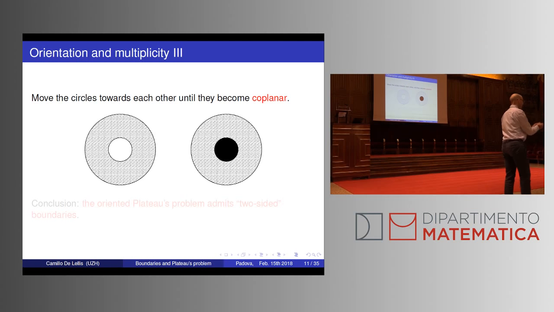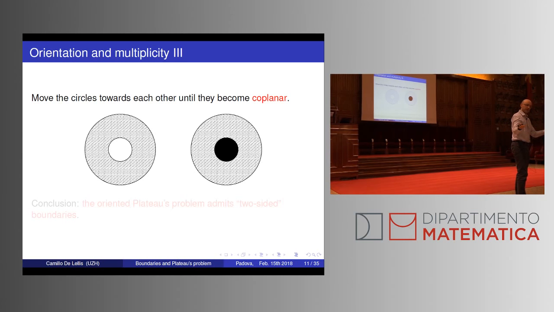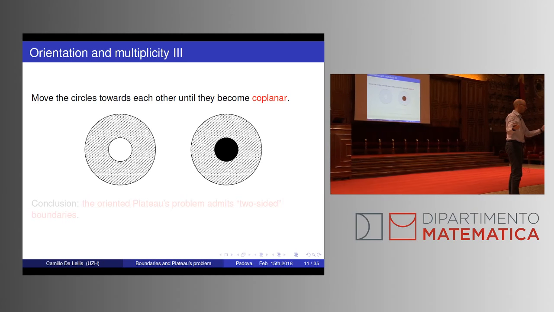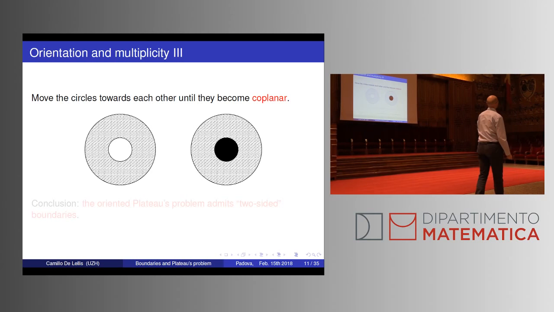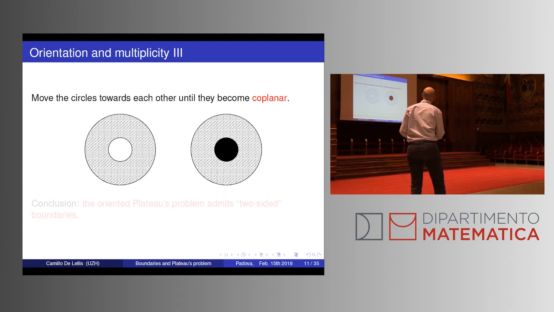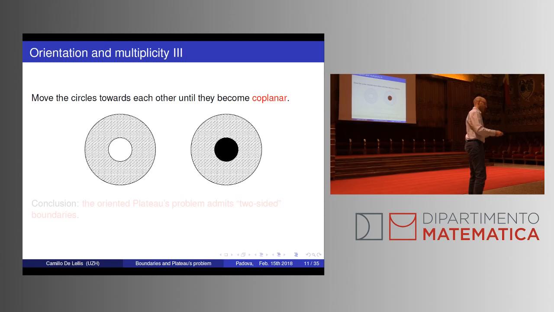When you are sitting at the boundary, you always see a surface on your right, maybe, or your left, depending on where you are, and you see nothing on the other side. So these are one-sided boundary points. In this example, if you are sitting at this point, you are one-sided. You see your surface on one side of yourself, and you see nothing on the other side.